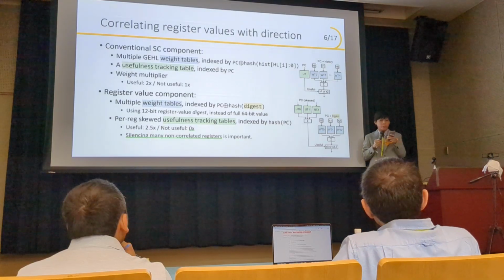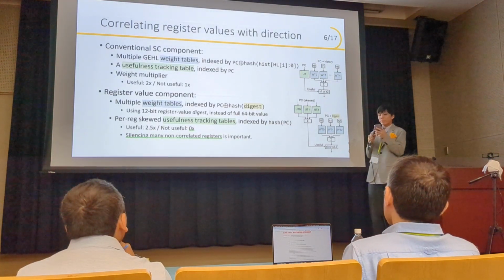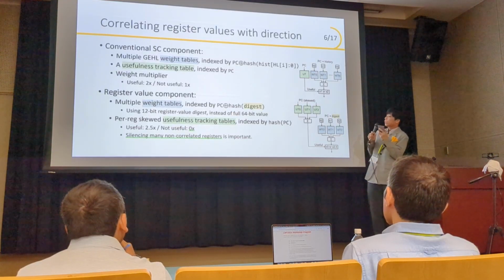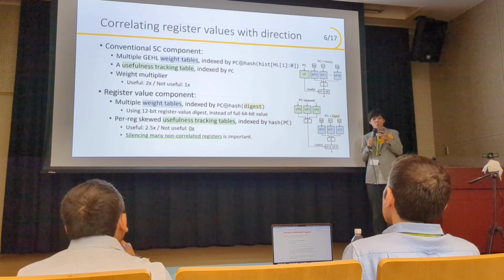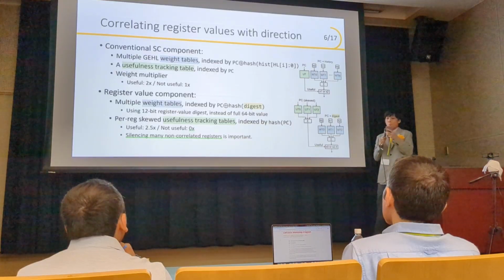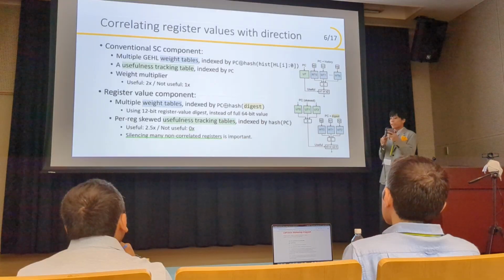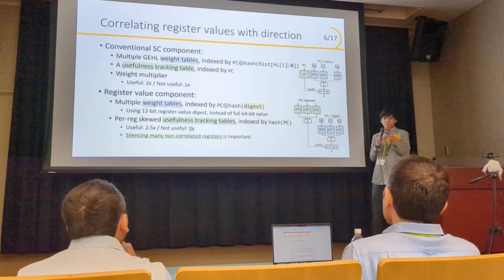The conventional SC uses weight tables indexed by the program counter and some history. It includes a weight multiplier, which doubles the weight when the component is considered useful. Our register component mirrors the structure, but replaces history with a 12-bit digest of the register value.